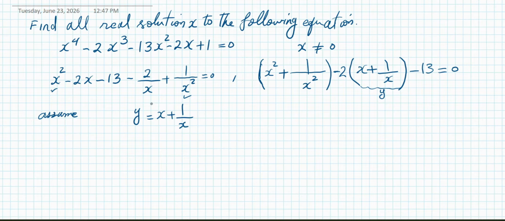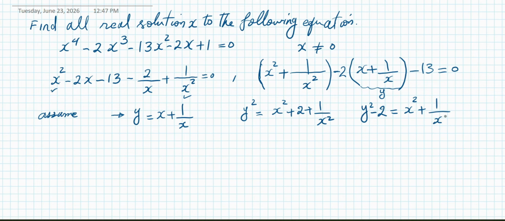And if we square both sides of this equation, we get y squared equal to x squared plus 2 plus 1 over x squared. So y squared minus 2, from this relationship, is equal to x squared plus 1 over x squared.